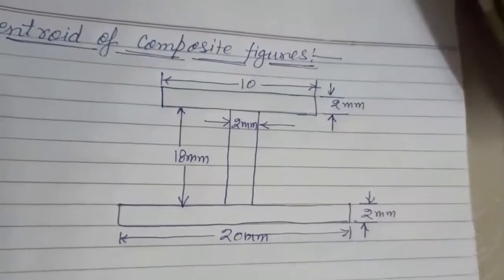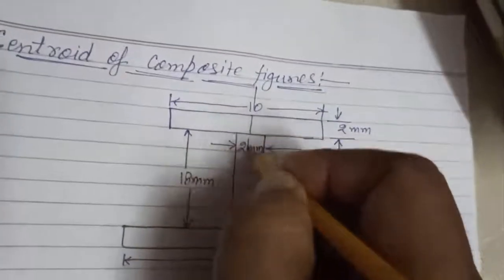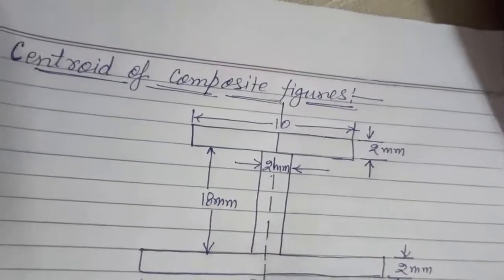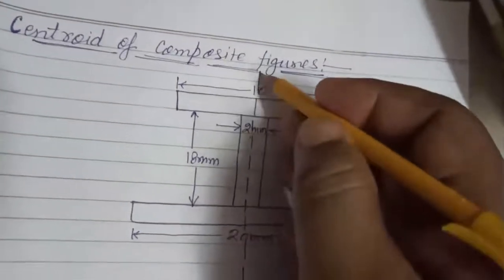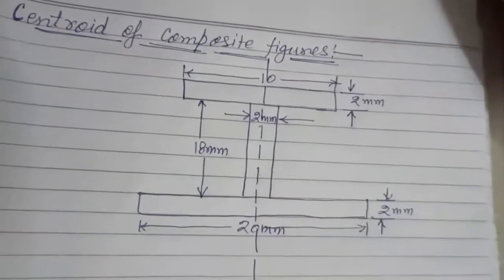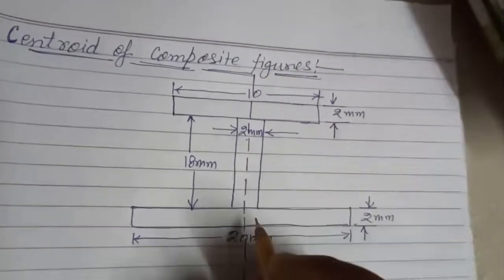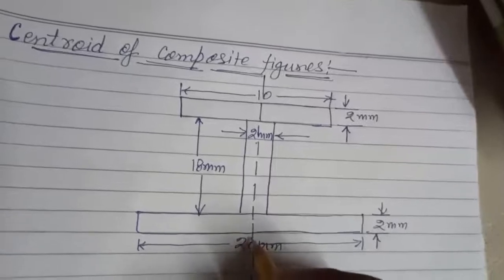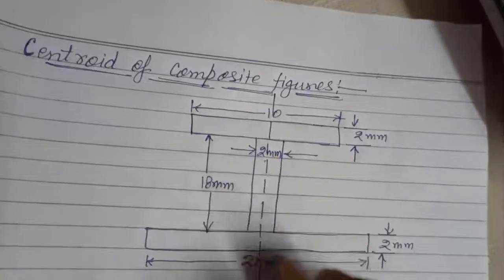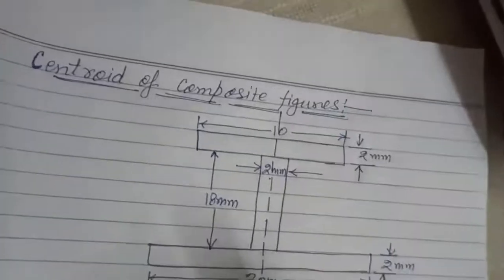We see that this figure is symmetric about the y-axis. We know that if a figure is symmetric about a line, then its centroid lies on this line of symmetry. So the centroid of this total figure will lie over this line of symmetry.